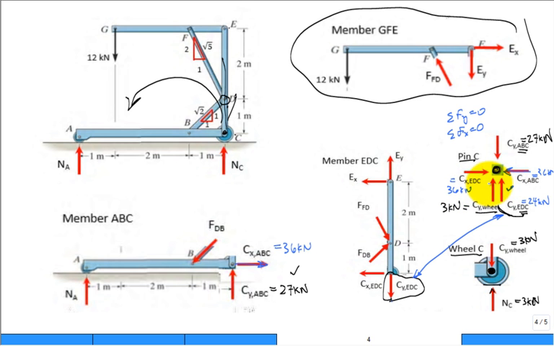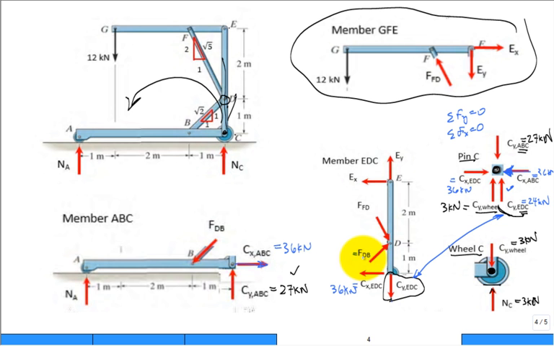And I know that if this is pushing it to the left, this has to be to the right. All right. So then I come over here, and this is 36 kilonewton back.